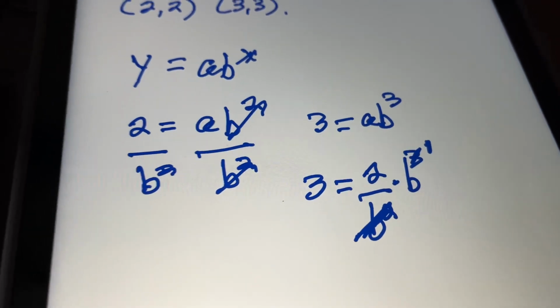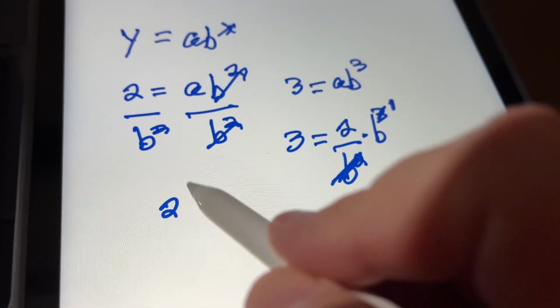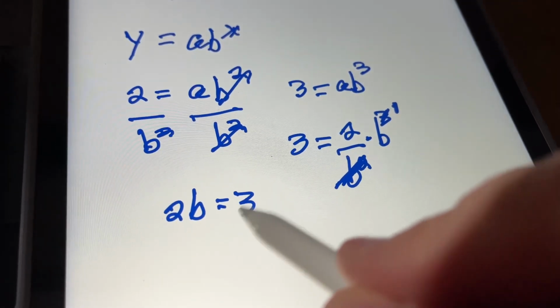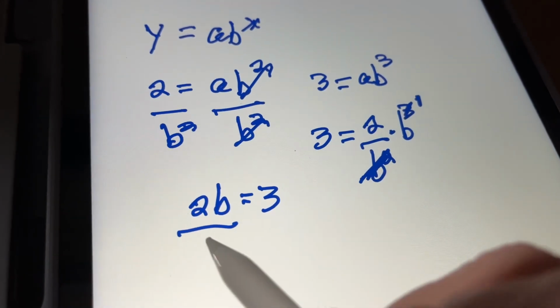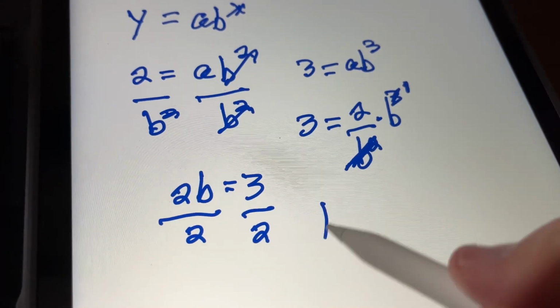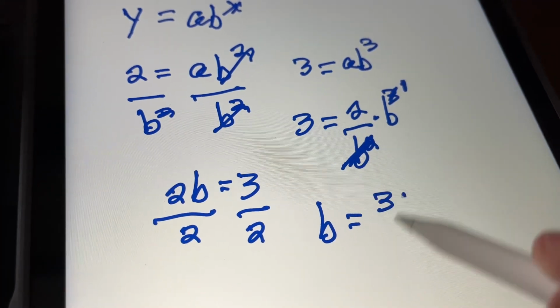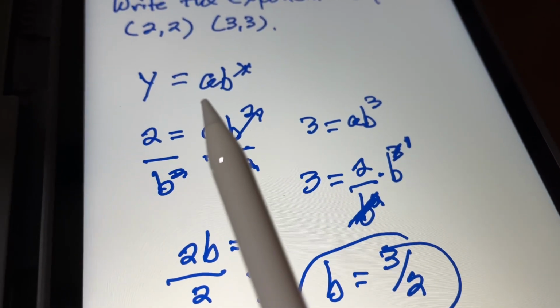So 2b equals 3. Let me write that down. 2b equals 3. So if I divide both sides by 2, I can see that b equals 3 halves. Well, that's part of what I need to write this exponential function.